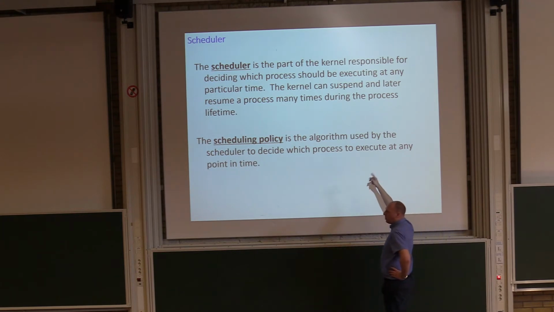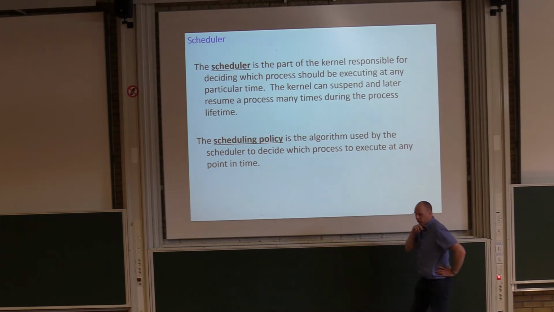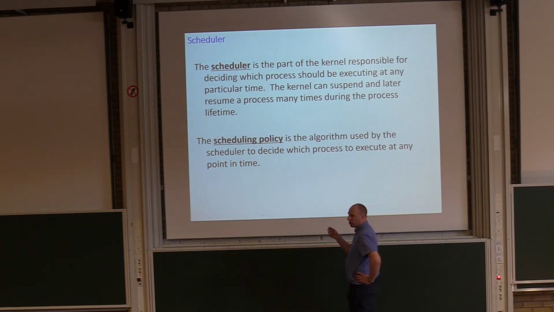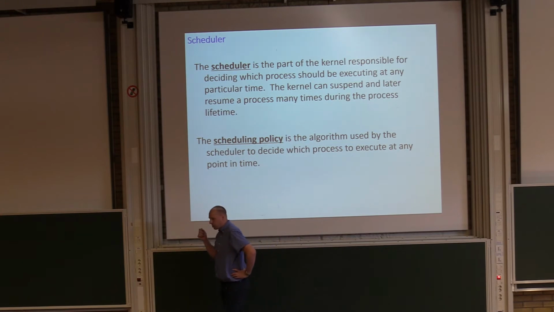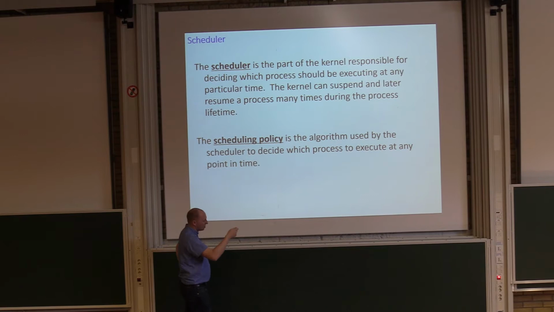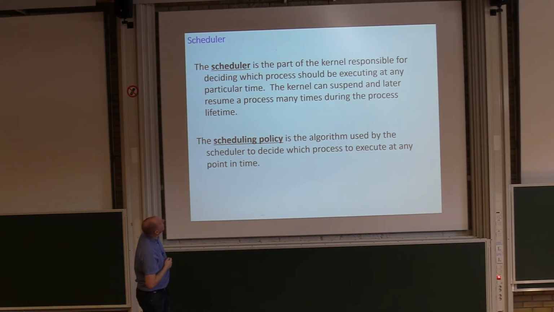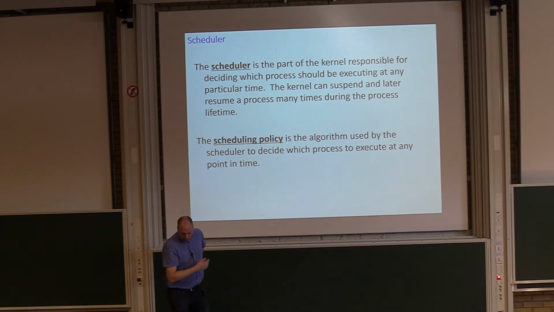And you can have different policies for doing this. We will talk about two: rate monotonic, or fixed priority, and earliest deadline first, where basically you change the priority while the program is executing. We will do that later in the course and see what consequences these different scheduling policies have.